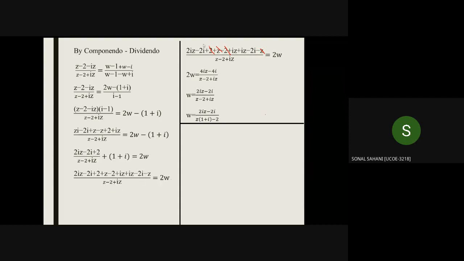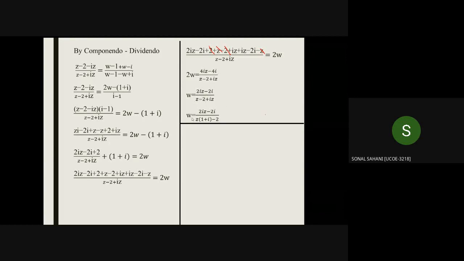Now cancelling all the possible terms, we get (4iz minus 4i) upon (z minus 2 plus iz) is equal to 2w. Now we take 2 as common, and we get the answer as w is equal to (2iz minus 2i) upon (z minus 2 plus iz).